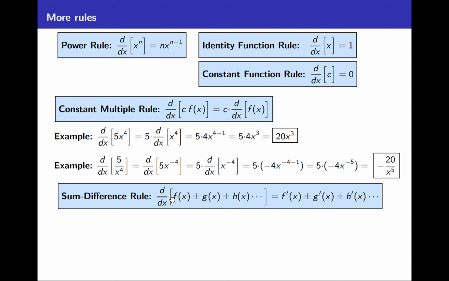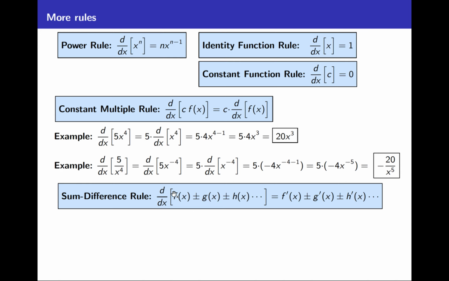If ever you have something like the derivative of an f of x, either plus or minus some other g of x, plus or minus an h of x, and so on, the derivative of that sum or difference of these functions is f prime of x plus or minus g prime of x plus or minus h prime of x, etc., when we're using the same signs here as we had in the corresponding place here.